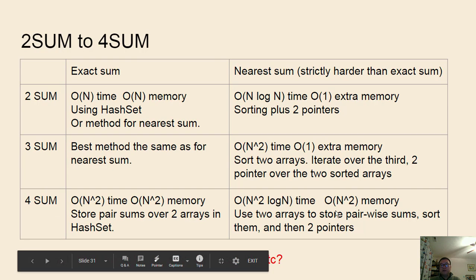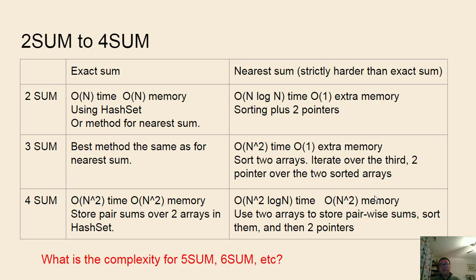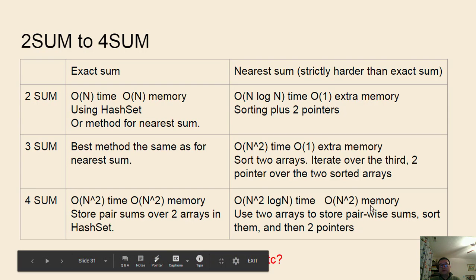If we want to solve near sum, then we need to sort. Actually, I guess there are two different ways to do it. One is we pre-compute the sum of all elements in AB and also the sum of all elements in CD, and then we do 2 pointers.